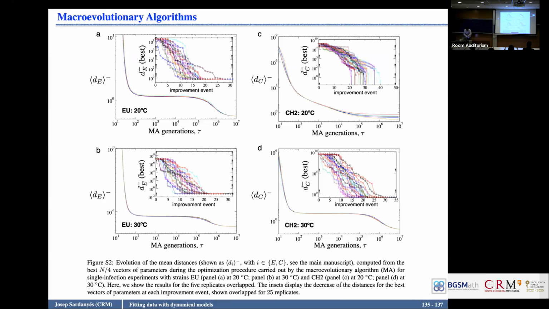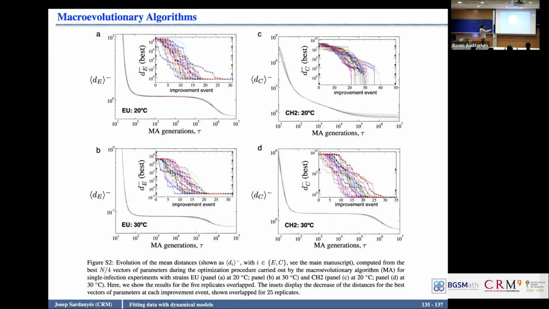So this is how this distance, these least squares, performs along the macroevolutionary generations, for example for 5 replicates overlapped for this virus at this temperature. And usually what you see is a very fast decline of this distance, and then you get some kind of stabilization.